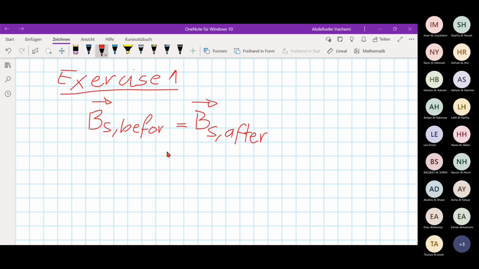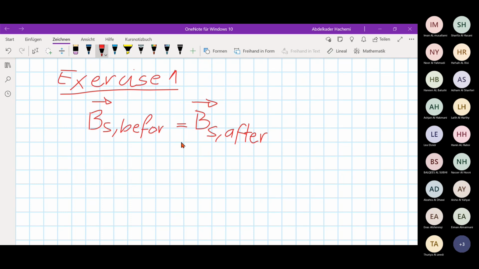And in this case, the time integration gives that B at the center of gravity is constant. Then we can write that the momentum before the impact will be equal to the momentum after the impact.